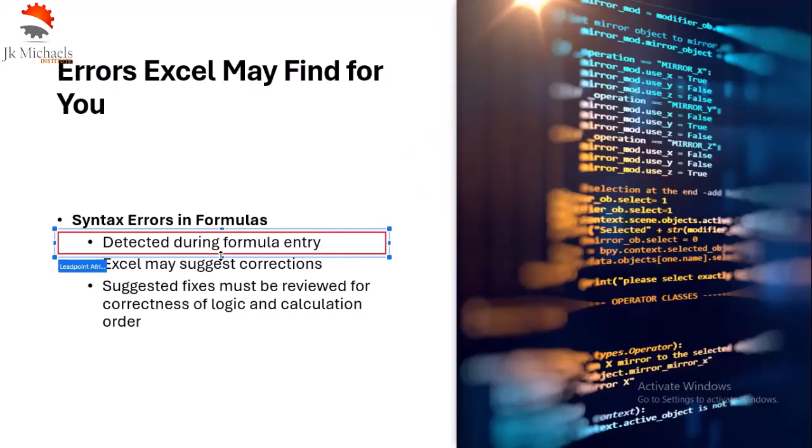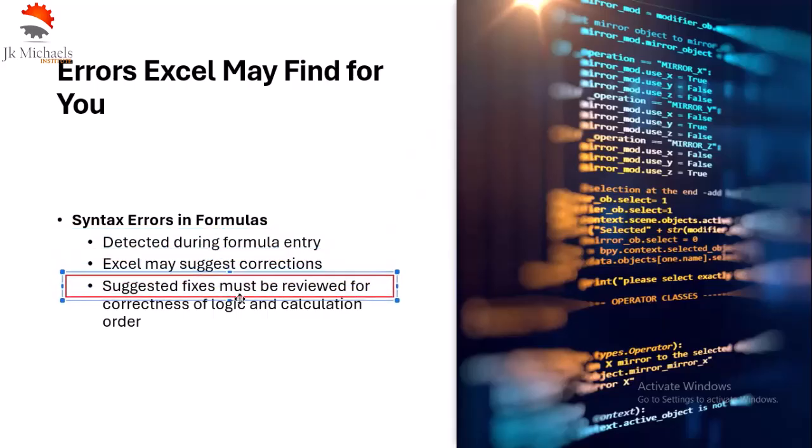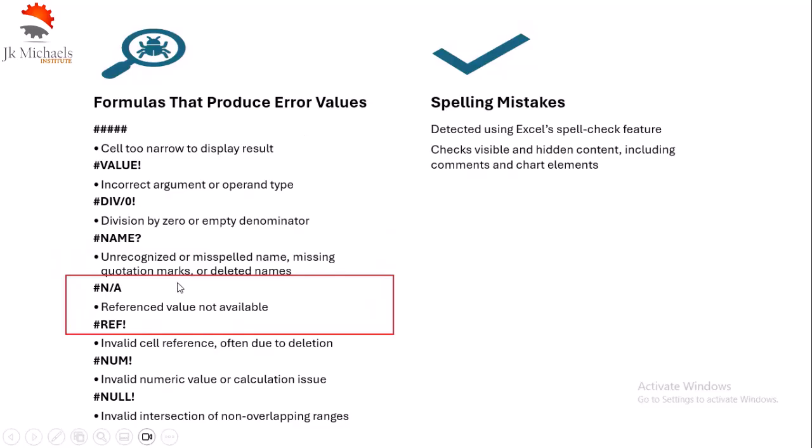Or it would just give me an error message, right? So if Excel is detecting an error or suggesting fixes, those should be reviewed to improve your logical calculation order. That's Excel helping you with more obvious errors.